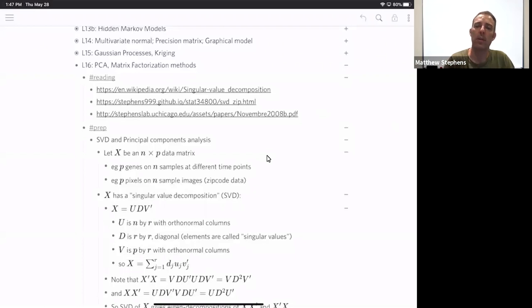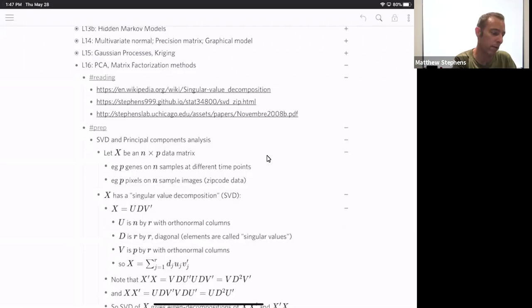Okay. So every data matrix, any n by p data matrix, has a singular value decomposition, which is a decomposition of this form. It's unique. The decomposition is of the form where U has orthonormal columns, and V also has orthonormal columns.